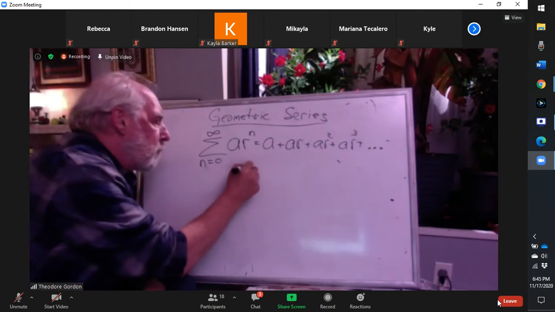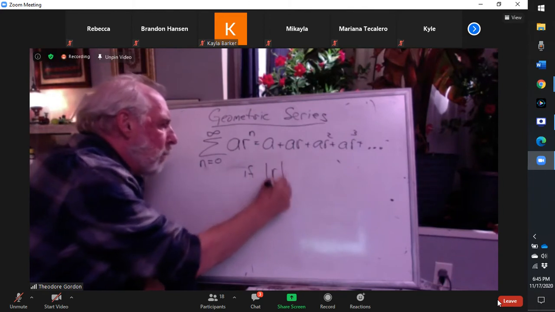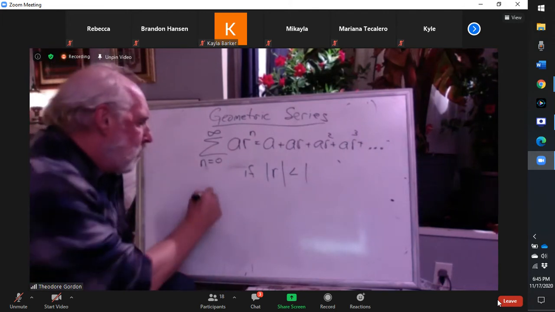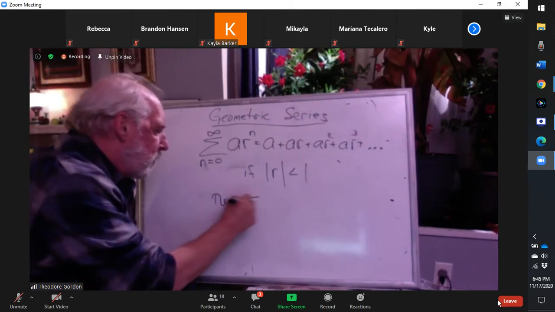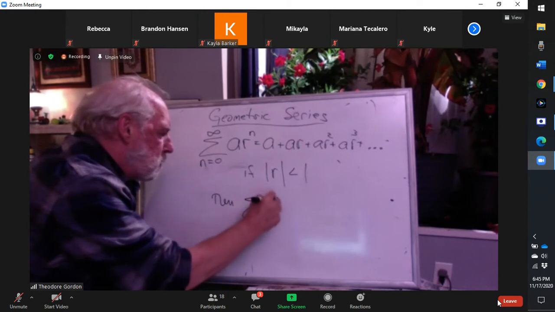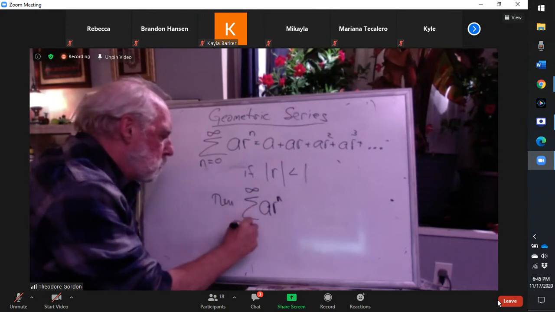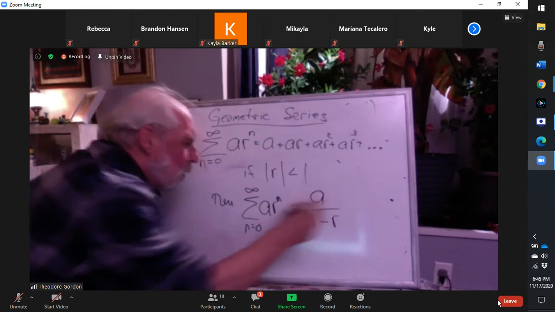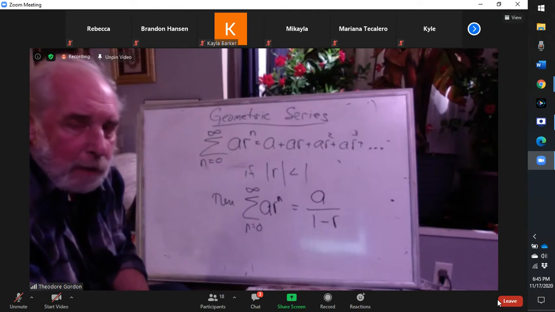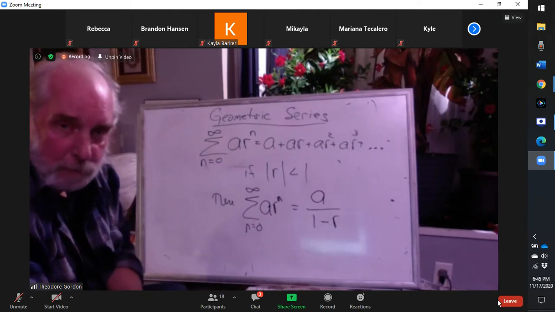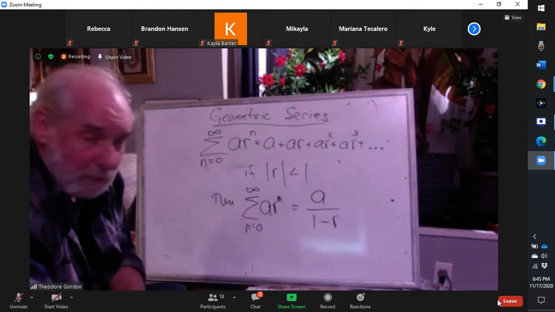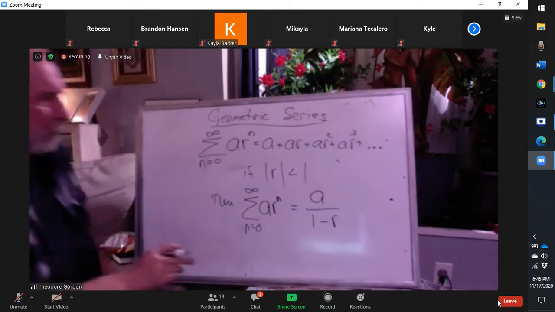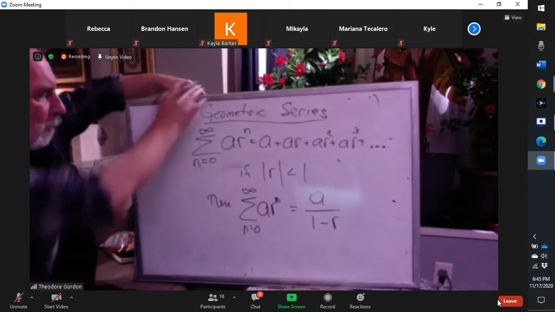If your common ratio r is between -1 and 1, then this infinite series adds up to this simple formula right there. That's all it is, and you know what that series adds up to. Surprisingly simple and kind of useful. So I'm going to give you an example of how this works. I'm going to use a different board.